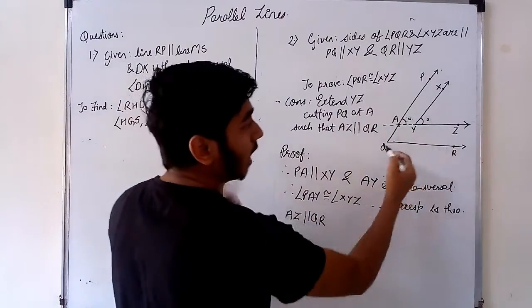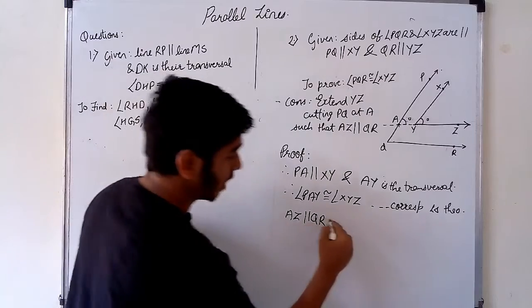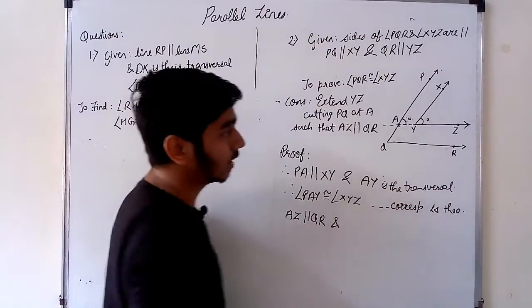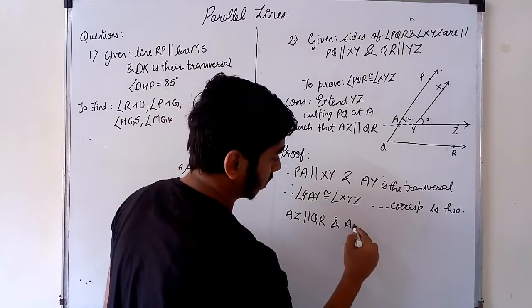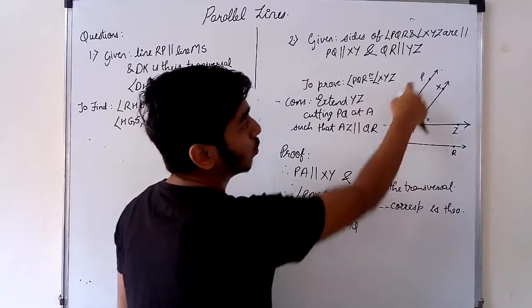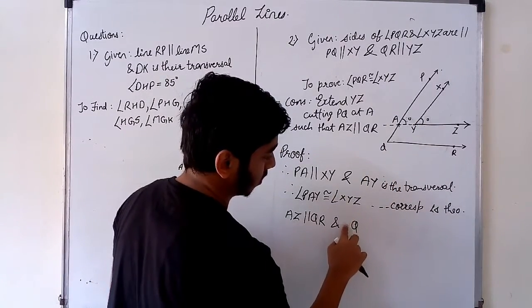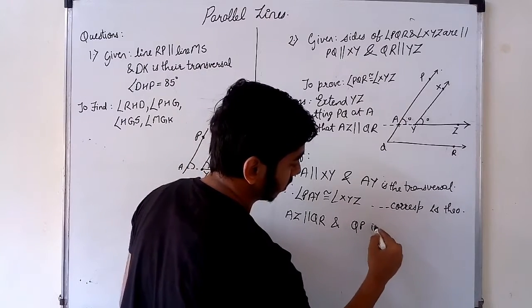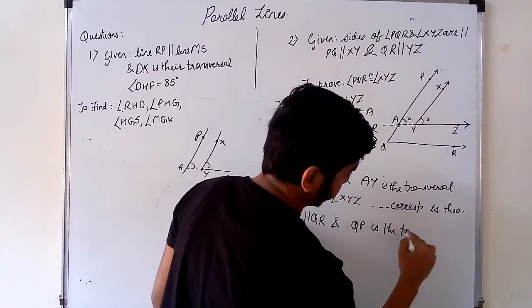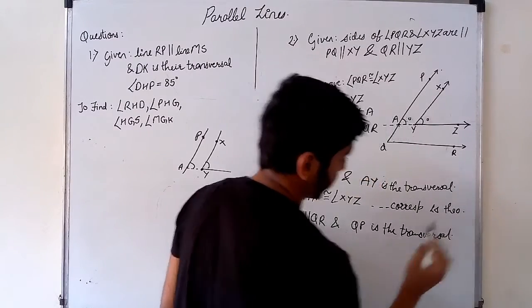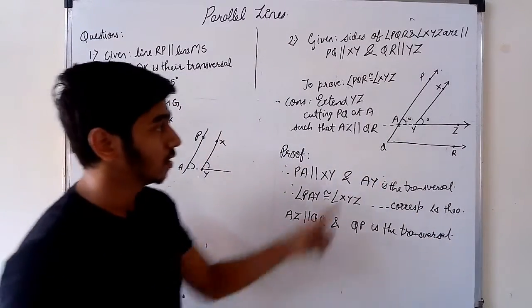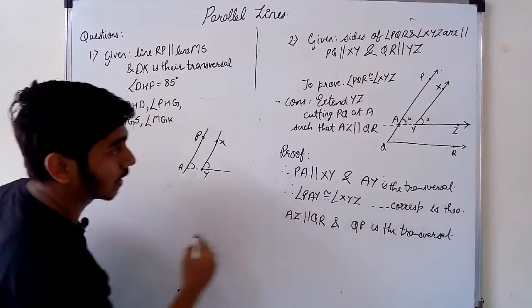So AZ and QR are parallel, and we can take AQ as the transversal, or you can say QP as the transversal. Correct? So this forms like this.